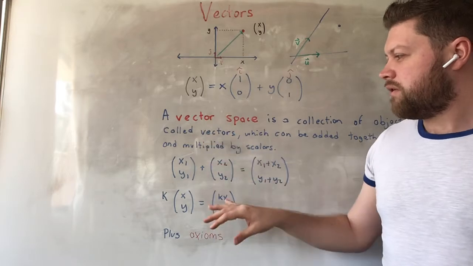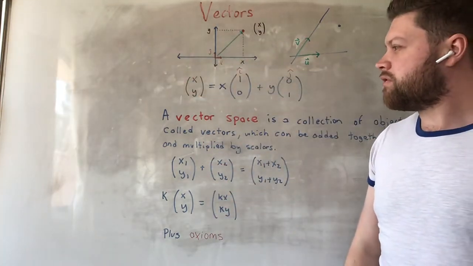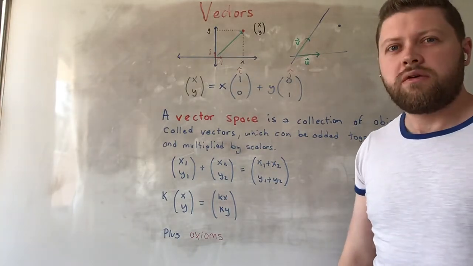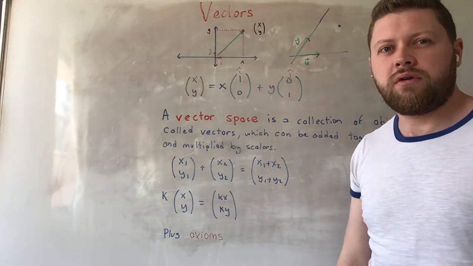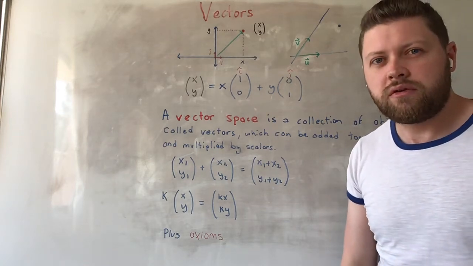Okay, a vector space is basically the span of the entire plane of vectors built up from the basis vectors. Okay, and as I say, any two basis vectors can be chosen.